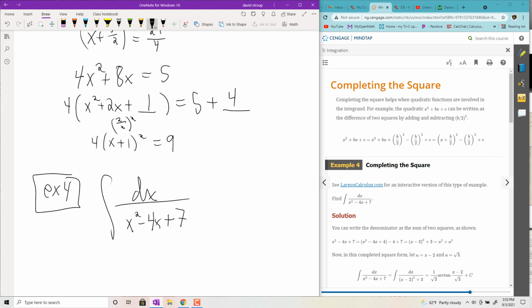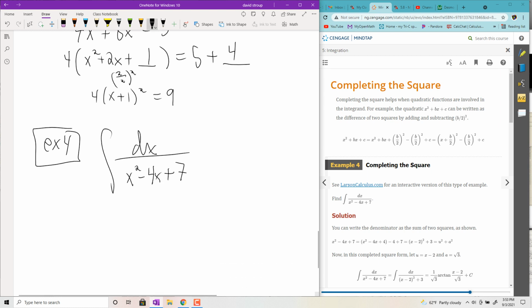So you're going to associate these two terms together and complete the square on that. And then instead of adding something to both sides, you add it in and then immediately subtract it. You can see that's what they do over here in their explanation.